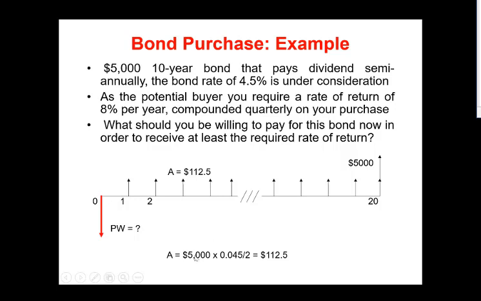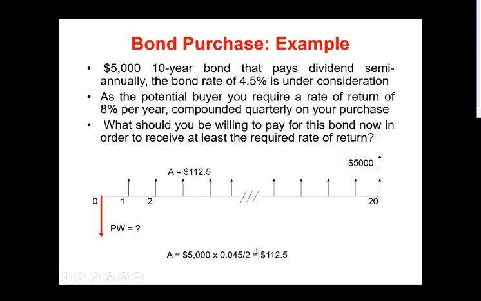And times the face value of the bond, we get the dividend payment semi-annually. Yes, it's the equal payment series. And at the end of maturity time, the bondholder receives $5,000, the face value.